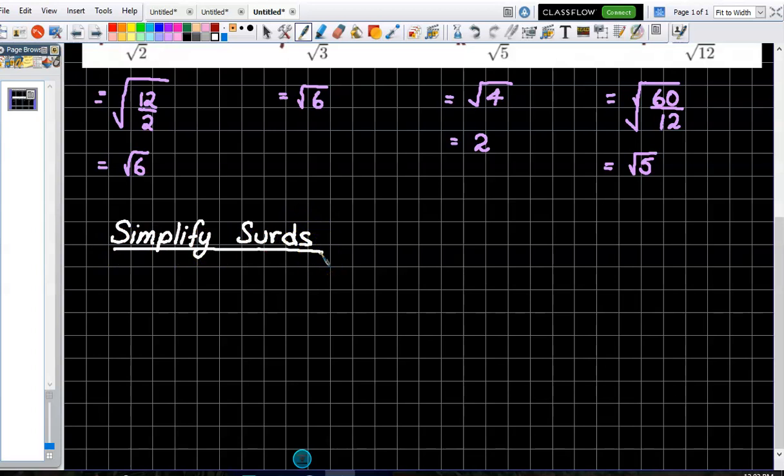Find the largest number that can be square rooted easily. Okay, so we're looking for the largest square number, which is a factor.